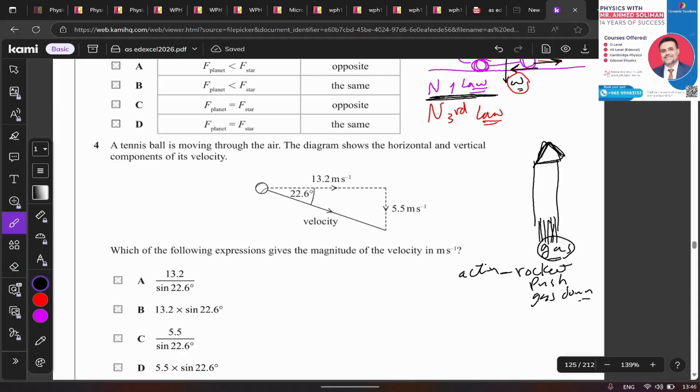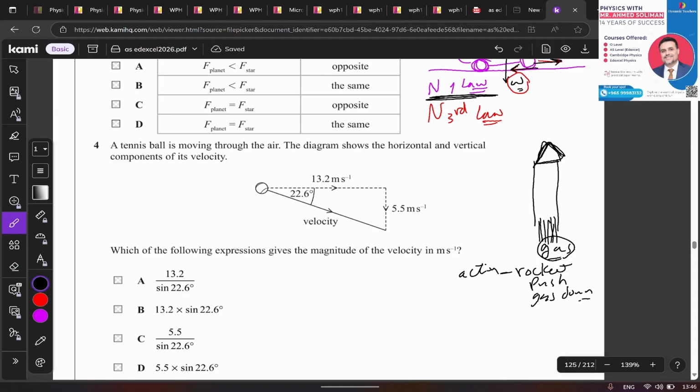Yes. Now, do you understand what is meant by action and reaction? Yes, sure. So every time you think about action and reaction, you have to talk about two different objects, same type of forces, same size and opposite direction.